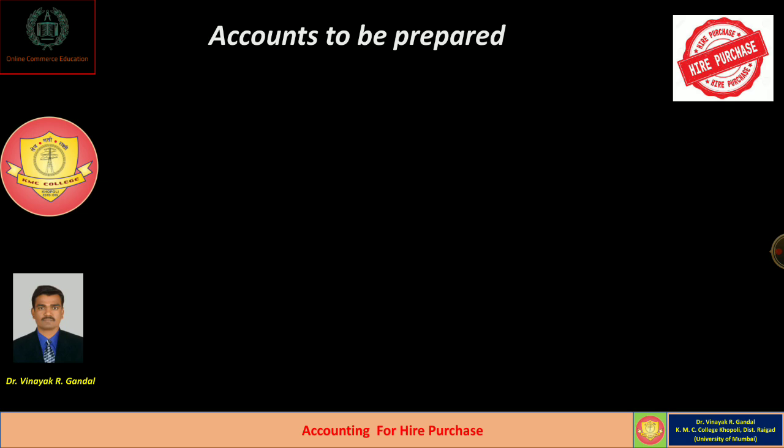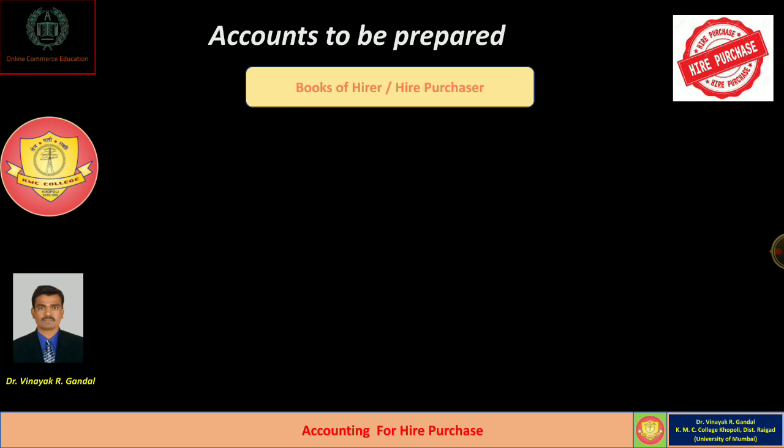Then we are going to learn about various accounts to be prepared in the case of hire purchase system. So dear students, it is necessary for all of us to understand the accounts to be opened in the books of hirer and hire vendor. First of all, we have to understand the books of accounts to be opened in the case of the hire purchaser.